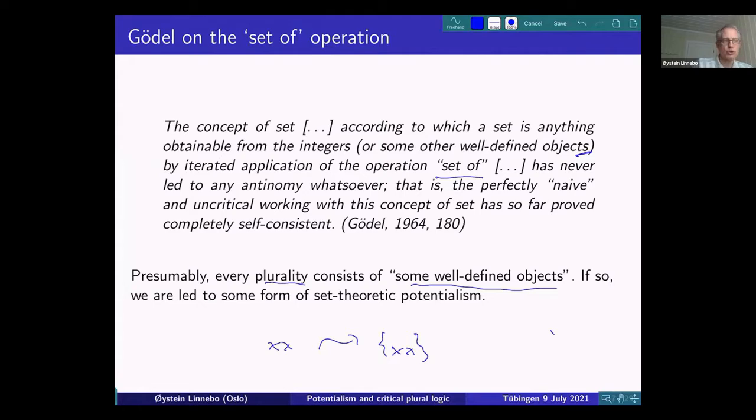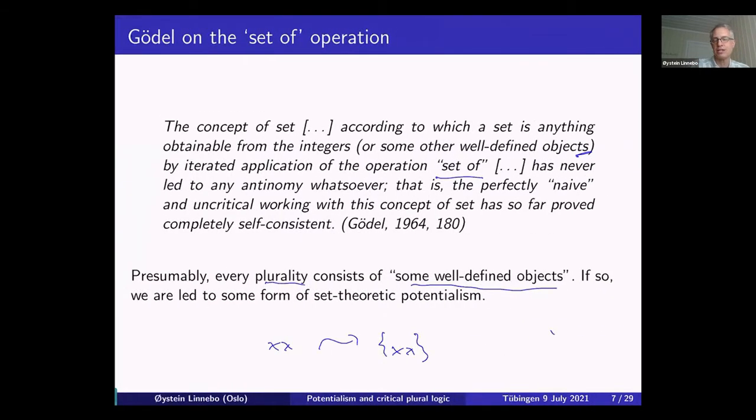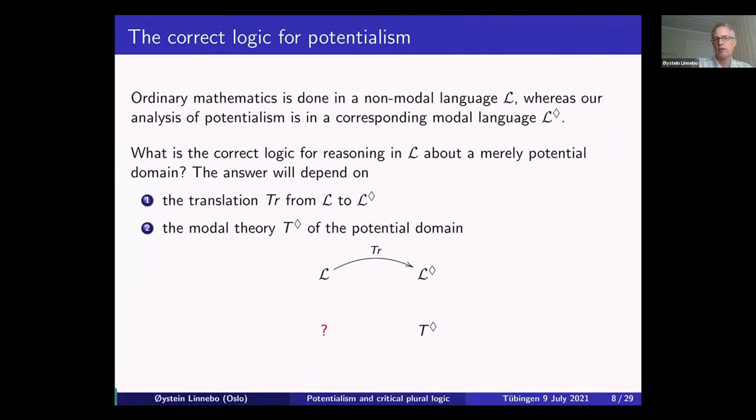And if so, you're in a situation very much like that on the previous slide: that set you could define is potential relative to the plurality of things you had got, but had better not be actual, had better not be already there. So there is a nice connection with Gödel too here, at least on one plausible way of reading that passage. I'm not saying that's the only possible way of reading it, but it's one way of taking it.